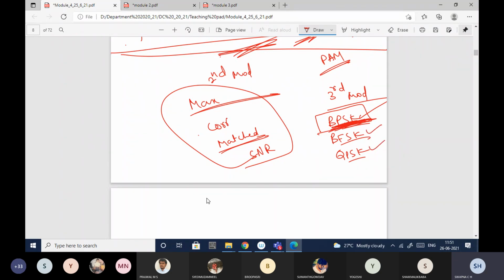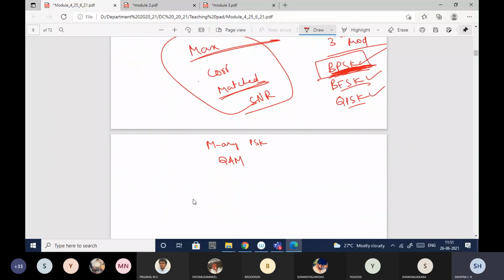Then comes M-ary PSK, then QAM, as I mentioned, M is equal to 16 and M is equal to 4. These two signal constellation diagrams are important. Coming to the next one, non-coherent detection schemes.